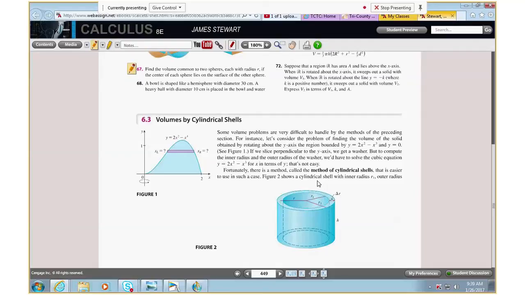But if you did this same thing with a shell, what would it look like? It would look like some crazy bowl. It would look like a bowl, wouldn't it? Because you're revolving it around the y-axis, you'd have an open area here, but you'd have a big old, kind of like a berm.